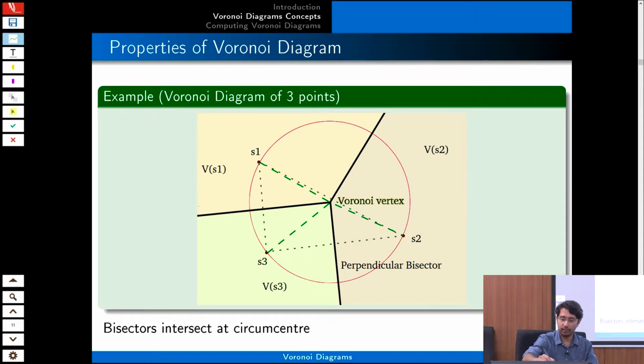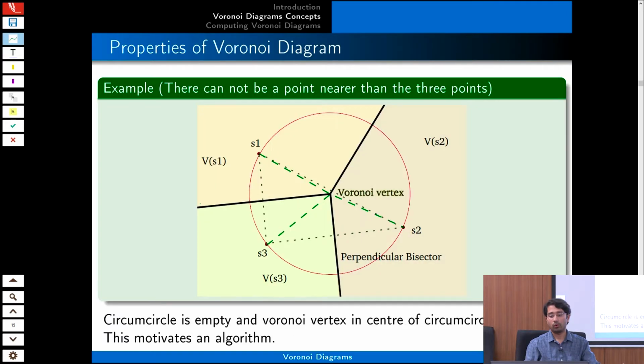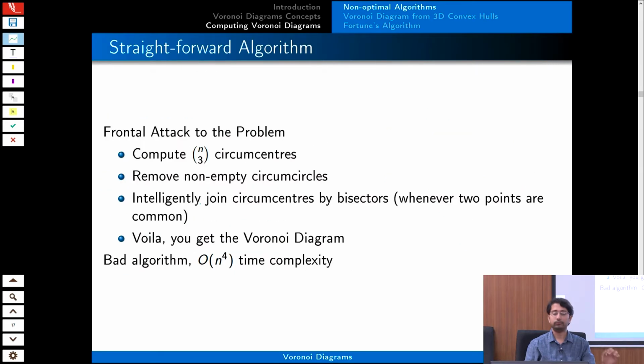So, this is a Voronoi cell. So what is the complexity of a Voronoi cell? How many vertices can there be in a Voronoi cell?